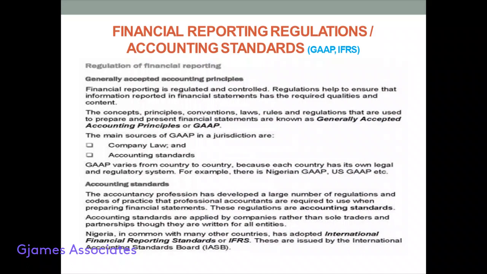But nevertheless, now we are in a global village, and we have a global organization, a global regulation, and a global regulator that is regulating financial reporting using the international financial reporting standard. So accounting standards are generally acceptable and adopted all over the world.